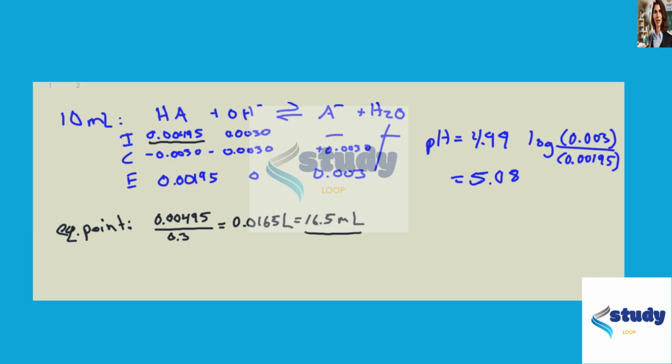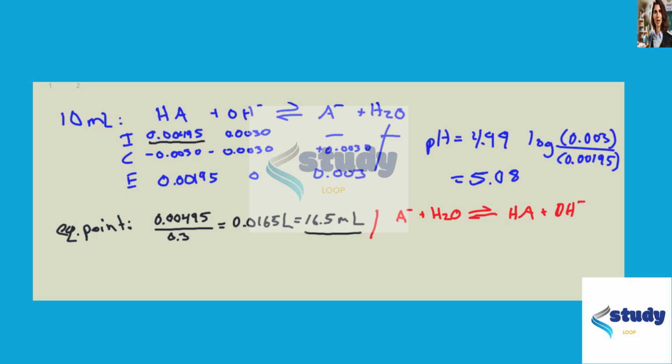Now what about the pH at the equivalence point? To do that, we can go ahead and set up an ICE table. The only thing we have present is the conjugate base. So A minus is going to react with water to give HA and OH minus.